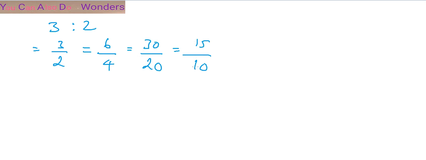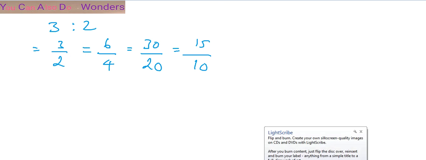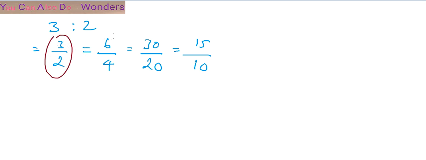Because they are equivalent fractions, the value of a fraction doesn't change if the numerator and denominator are multiplied or divided by the same number. So here, if you multiply numerator and denominator by 2, you get this, multiply by 10, we get this, multiply by 5, we get this.